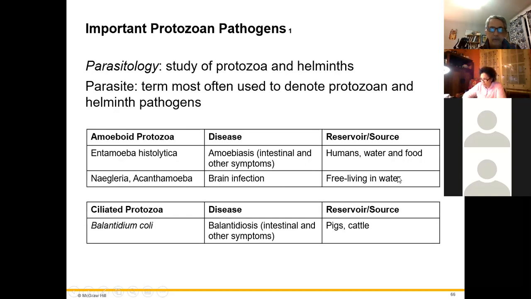They are found free living in water. Ciliated protozoan Balantidium coli, this is not a bacteria, remember, it's a protozoan. It also causes intestinal infections, found in pigs and cattle.